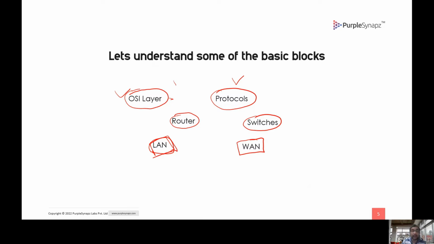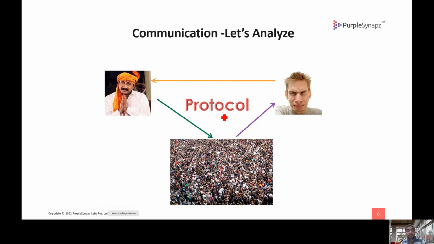Now, let's fundamentally understand what a protocol is. The English meaning of the word protocol actually comes from when two people of diverse culture, race and creed, with no common language between each other, part of a large crowd, want to communicate with each other.